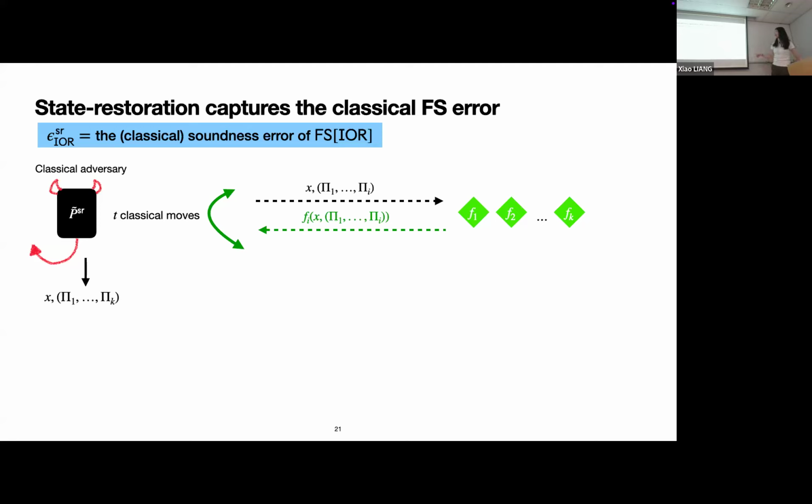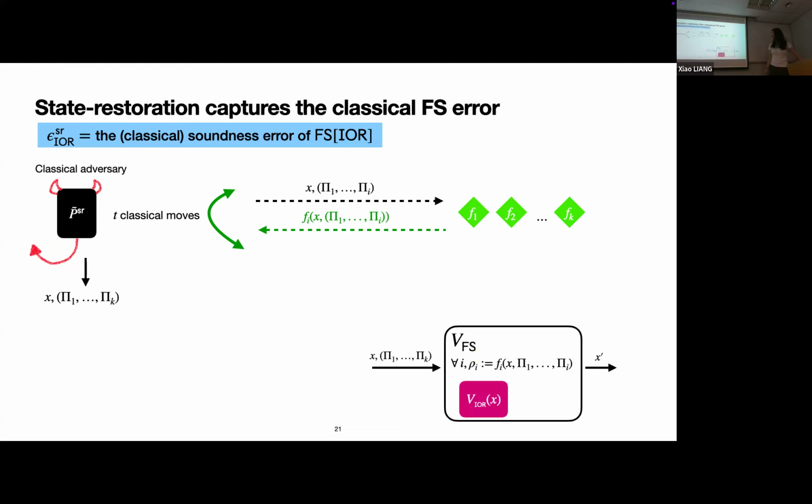Then at the end, it outputs something that it thinks will give it the best verifier randomness. So it outputs some x and k proof strings that will maximize its winning probability. Then the FS verifier takes in these outputs and computes the verifier randomness for the IOR.